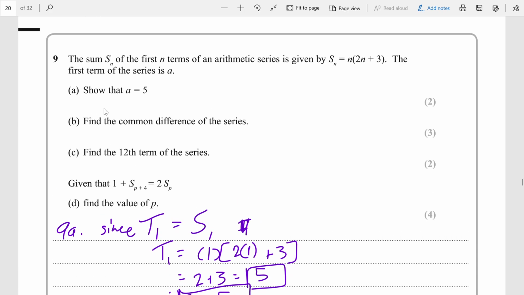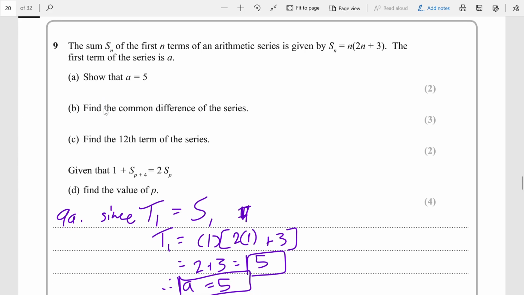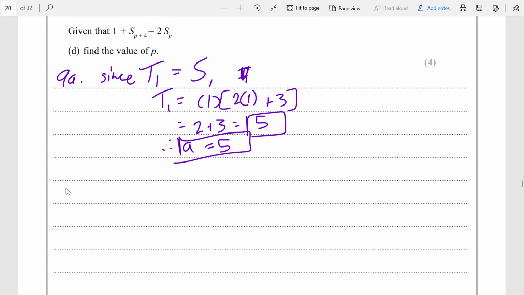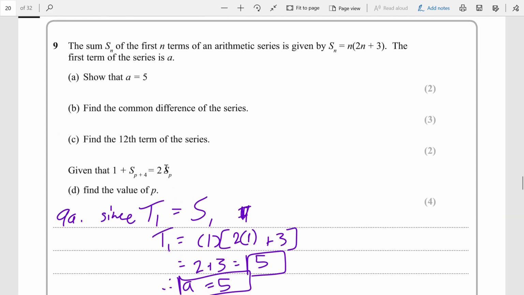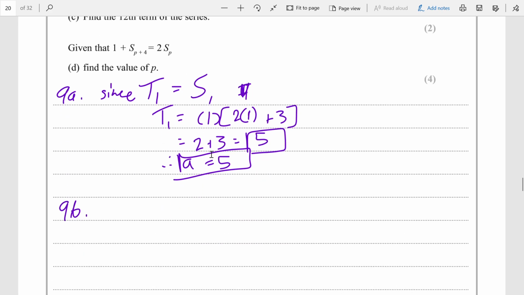Okay, b, find the common difference of the series. Alright, so 9b, what we can do here, I'll figure out the sum of the first two terms, and then take the first term away to find what the second term is, and then find the difference between T1 and T2 to get the common difference.